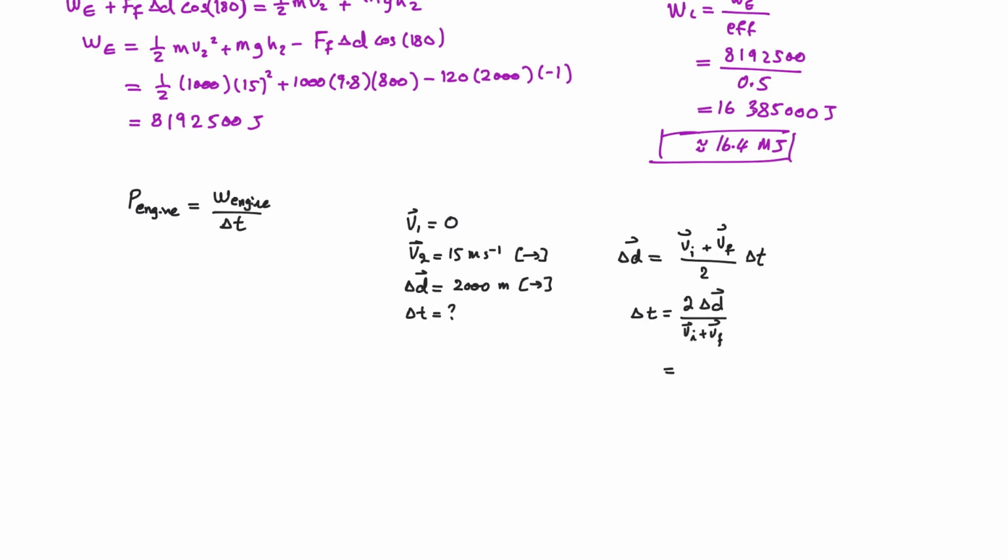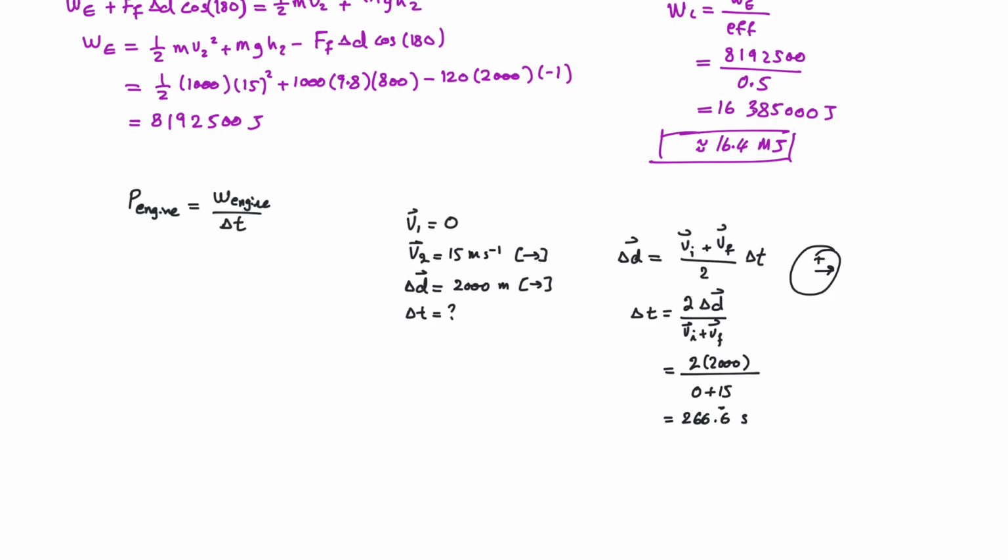If I plug in my numbers, I get 2,000, taking forward to be positive here, divided by vi, which is 0, plus vf, which is 15, and I will get 266.6 repeated, in units of seconds.